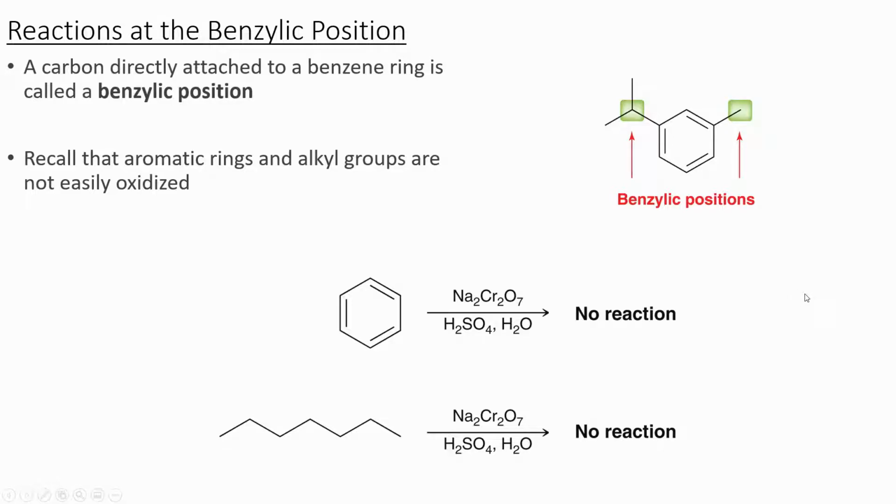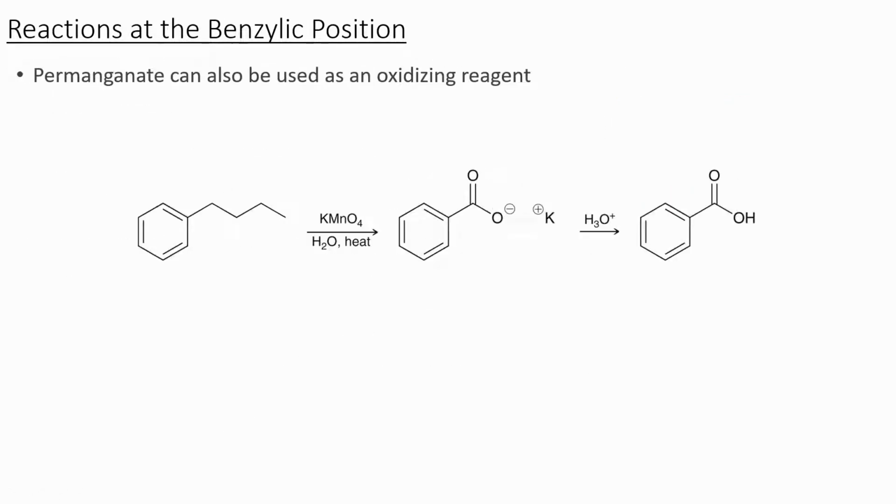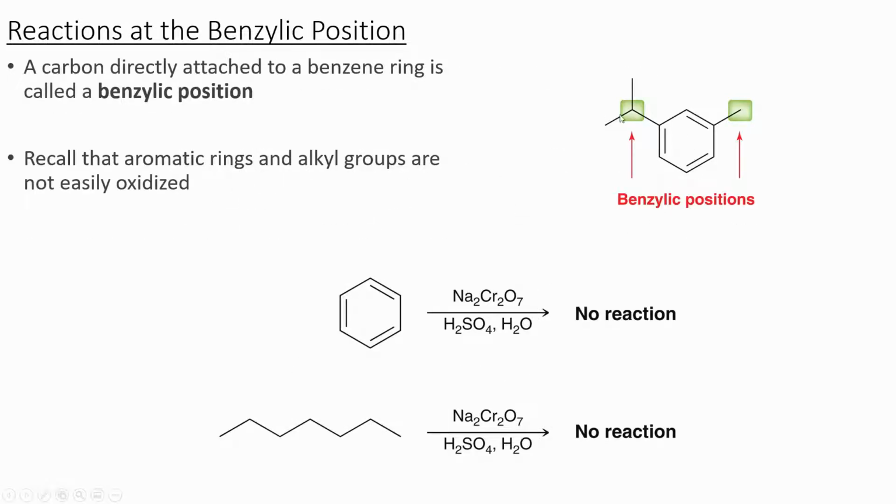So when we looked at resonance and we looked at radical reactions, we discussed briefly the benzylic position. The benzylic position is the carbon that's attached directly to the benzene ring. So in this case, on this molecule, we have two positions that are the benzylic position.